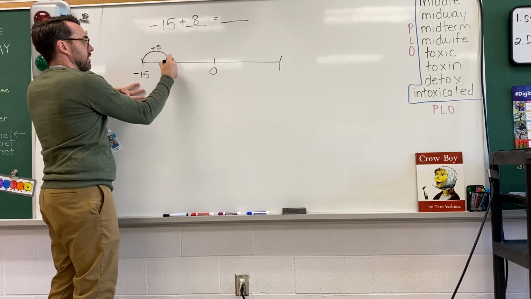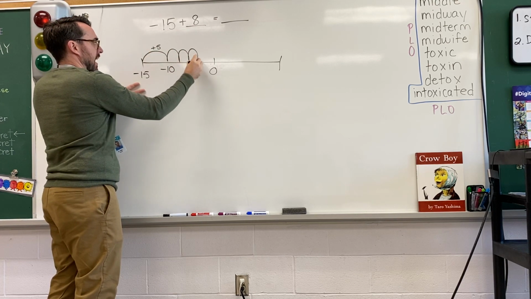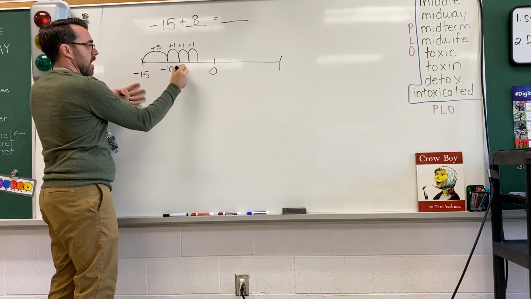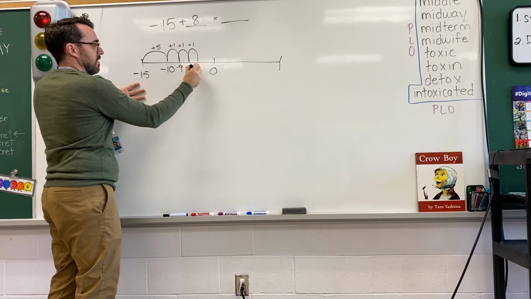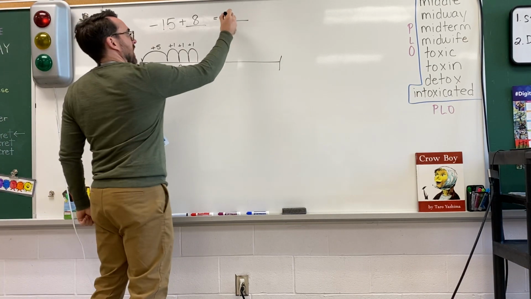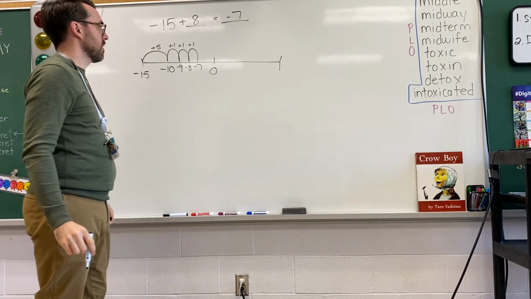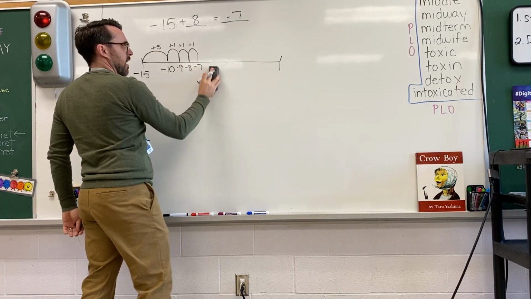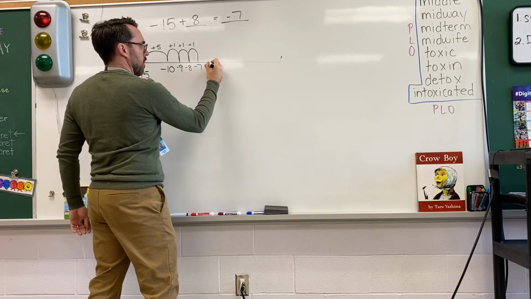So 5, 6, 7, 8. There's jumps of 1. So negative 9, negative 8, negative 7. Just like that. So I'm at negative 7. Okay? And maybe I just drew my 0 there, and that's totally fine. It's a very flexible tool.